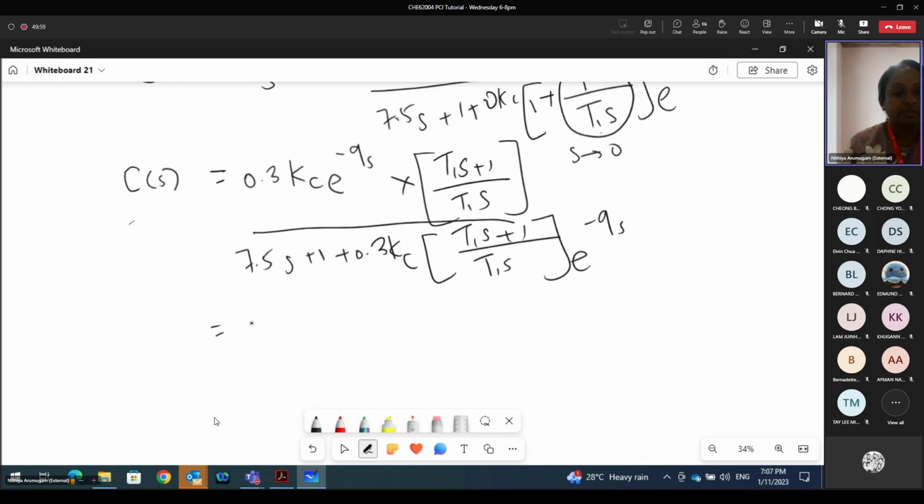You'll be getting 0.3 Kc, because we still have the T1 over s at the top and bottom here, right? So we need to omit that.